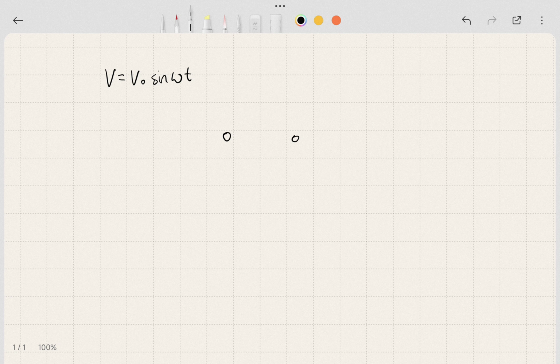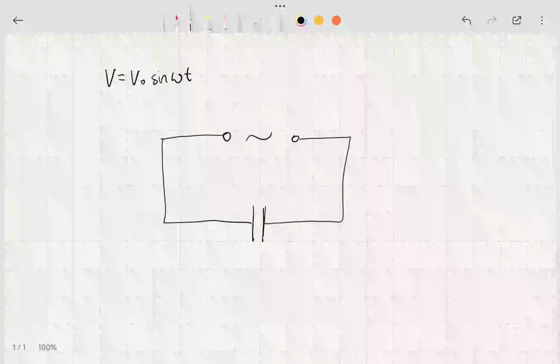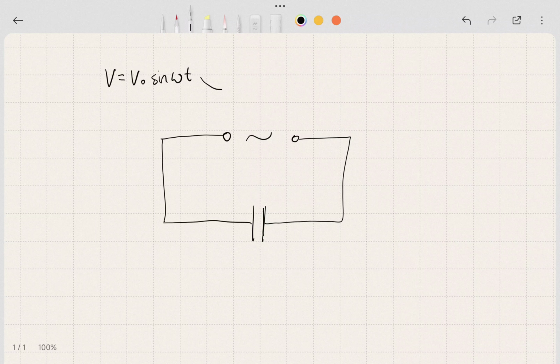So we have a variable source like this, and then we have a capacitor in the middle like so. It has an electromotive force, that's AC, that's alternating.